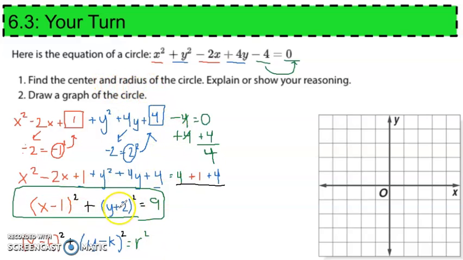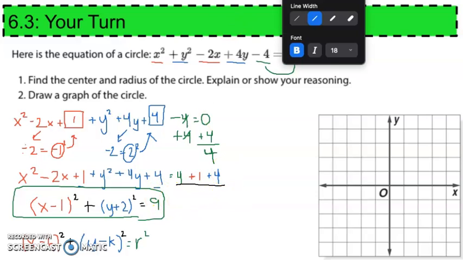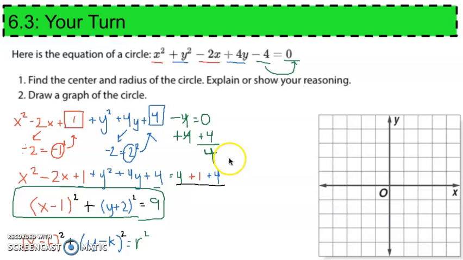And now that I know the equation, I can find the center and the radius. Okay? So remember that the center is in the form h comma k. So we're going to be looking for h comma k, and then the radius, remember, is our r, or the square root of r squared.